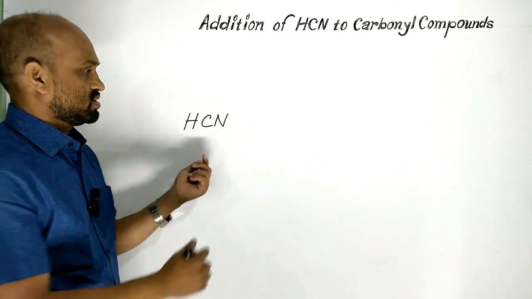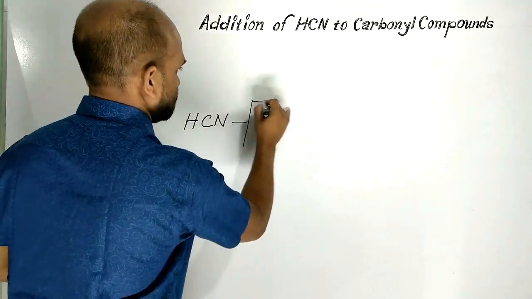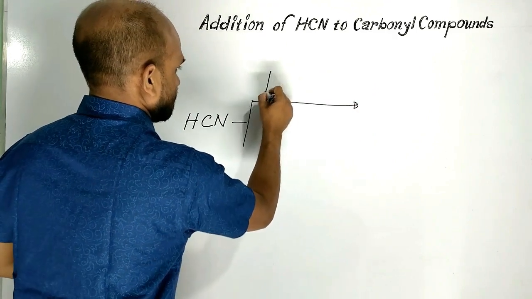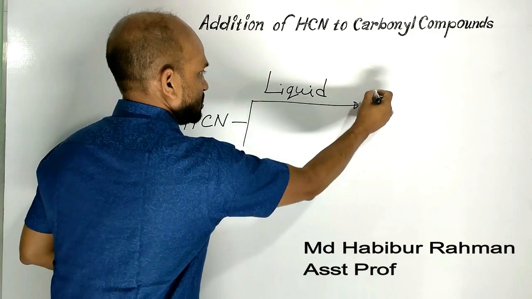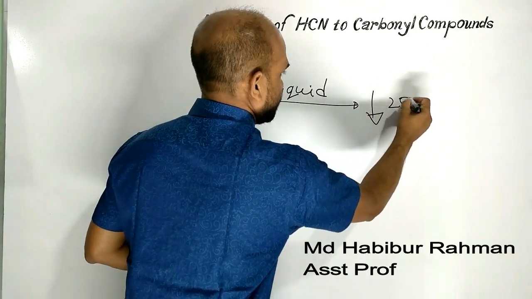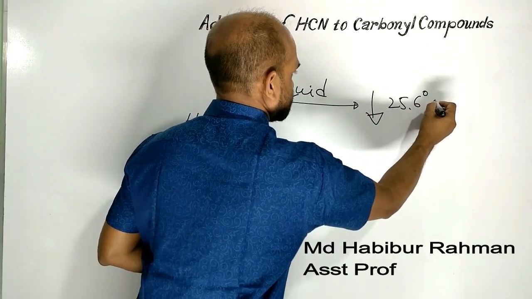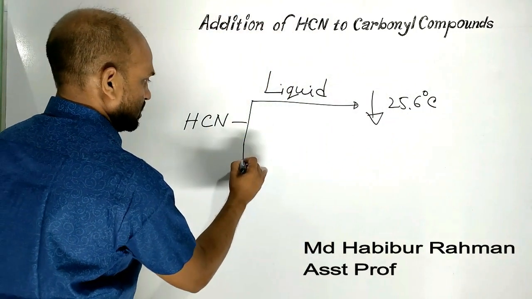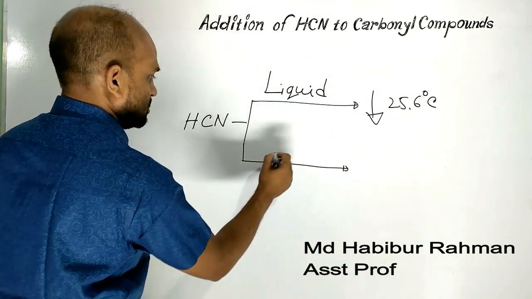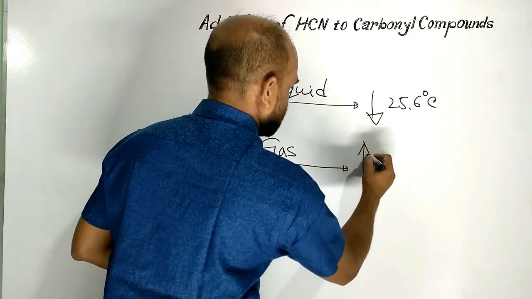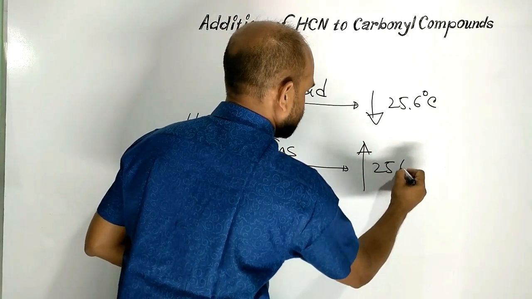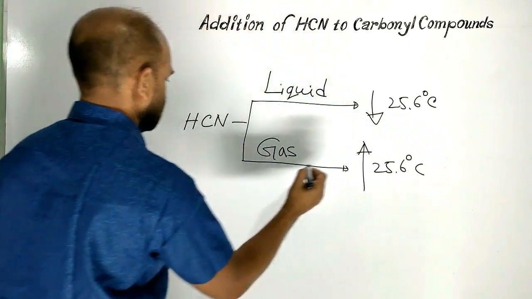Hydrogen cyanide is a colorless liquid below 25.6 degrees Celsius, and a colorless gas above 25.6 degrees Celsius.